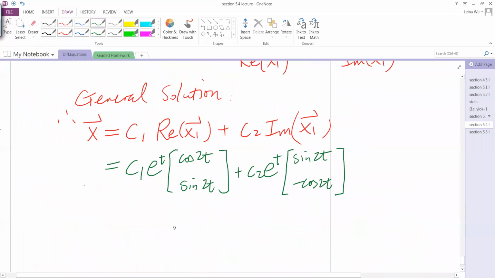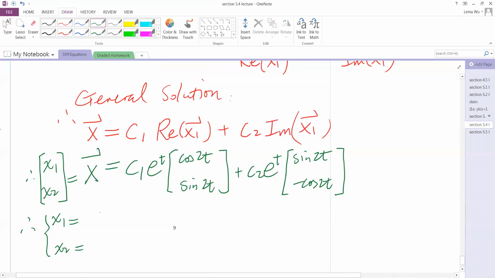Just want to explain in case you're still confused here. This is my solution x, which contains two unknowns, x1 and x2, right? So the solution, you can just say solution x1 and solution x2. x1 will just be c1 e to the t cosine 2t plus c2 e to the t sine 2t.